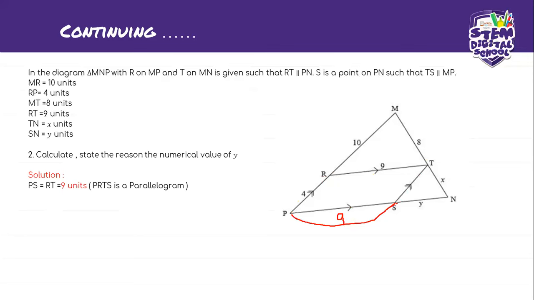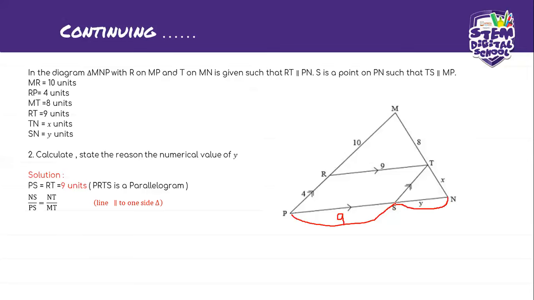So it's going to help us to calculate the value of Y, because here we are having another triangle NMP, because what? TS, can you see TS there? Is parallel to MP, right? Meaning this side of PN is equals to this side of NM, right? In terms of ratio, okay? Now let's proceed. Now we are going to say, because we want Y, so we're going to start with NS there.